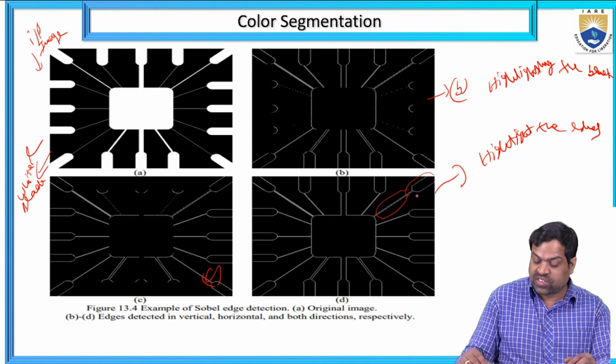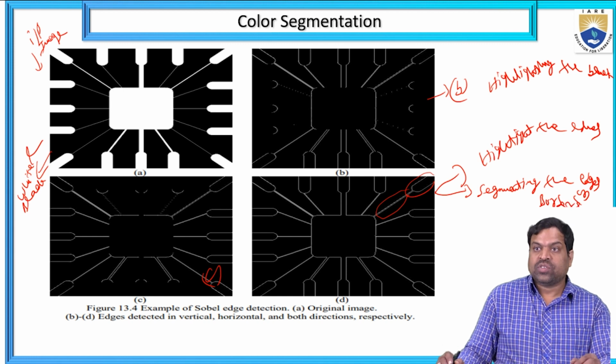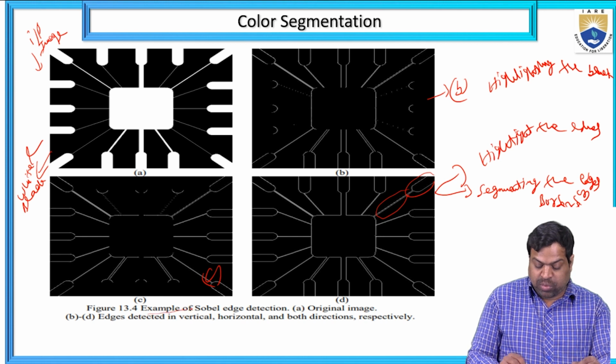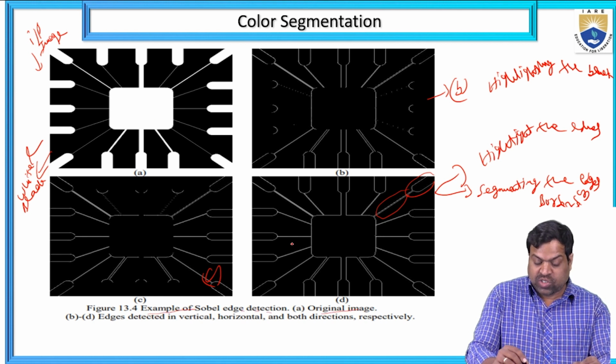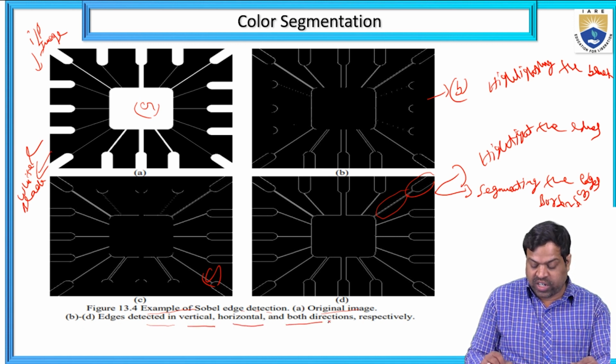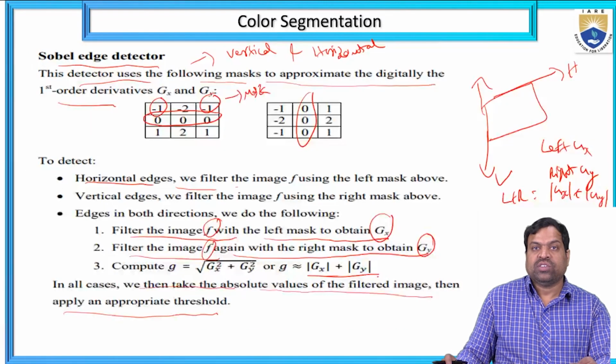This is segmenting the edges or borders. So here is an example of Sobel edge detection. The first one is the original image, with B to D showing edge detection in the vertical, horizontal and both directions respectively. So that is about the Sobel.